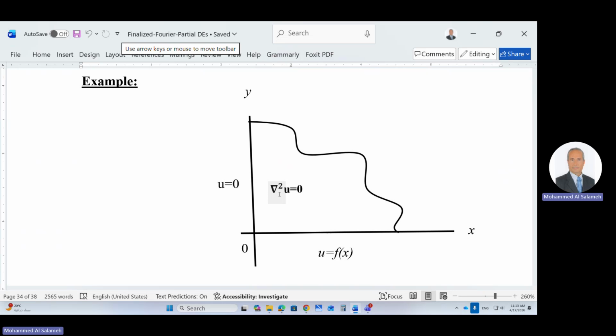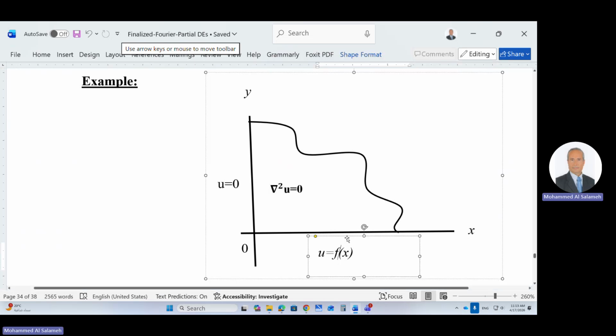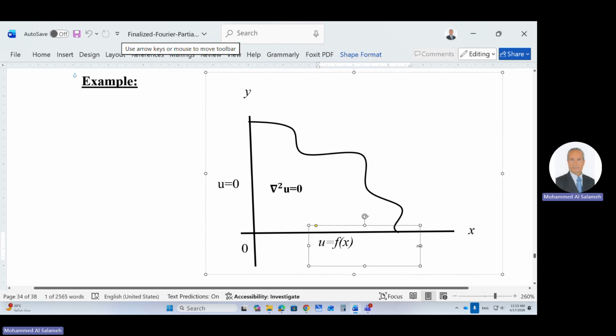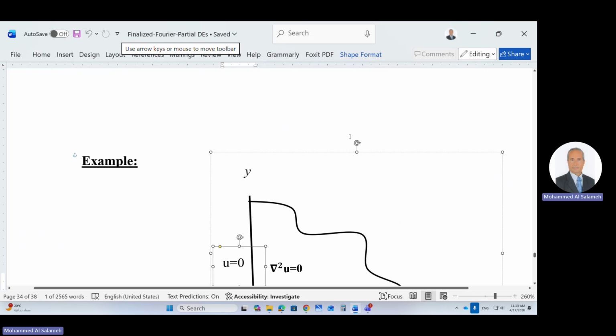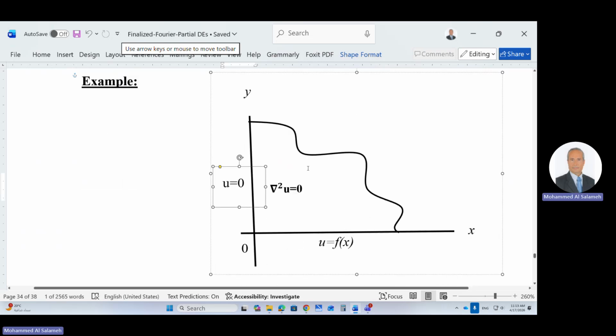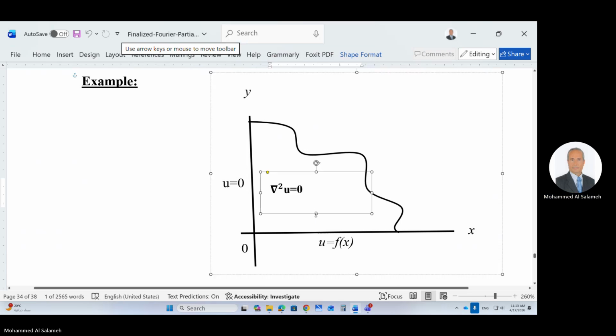And the temperature on the x-axis is given as a certain function, which is f of x, and also the temperature on the y-axis is equal to 0. We want to solve this problem to find the temperature distribution inside the first quadrant.